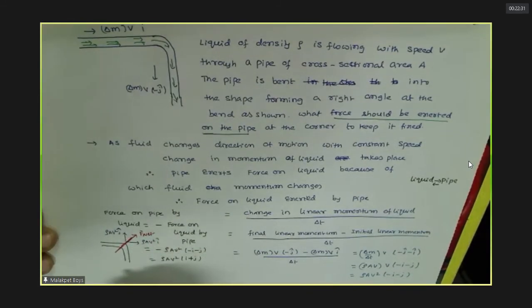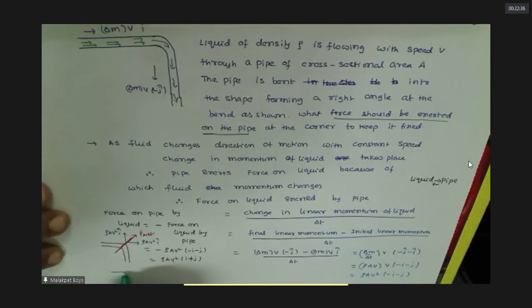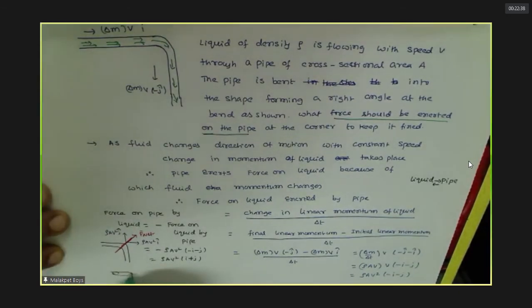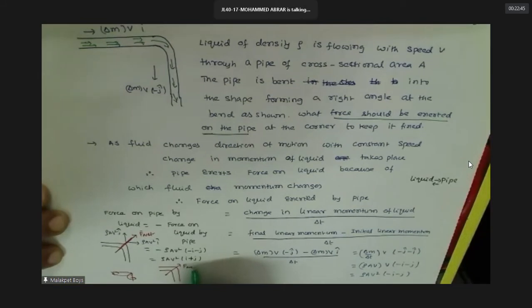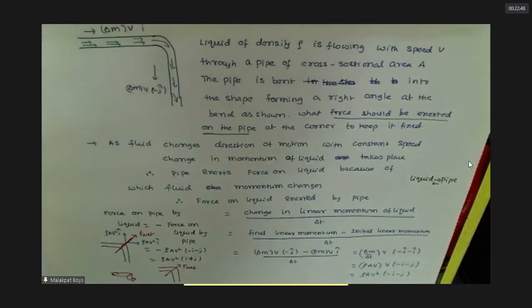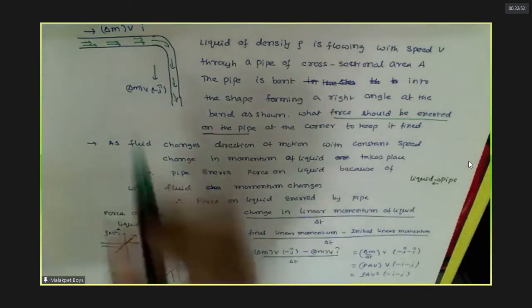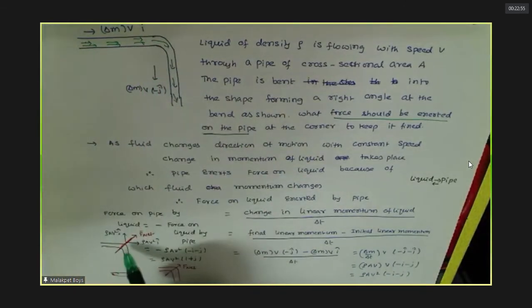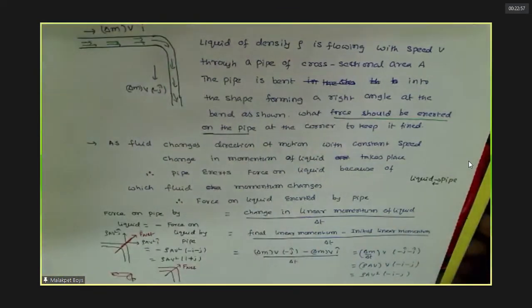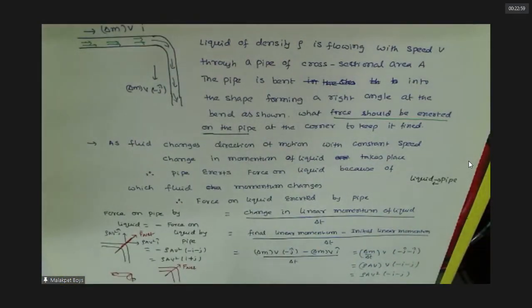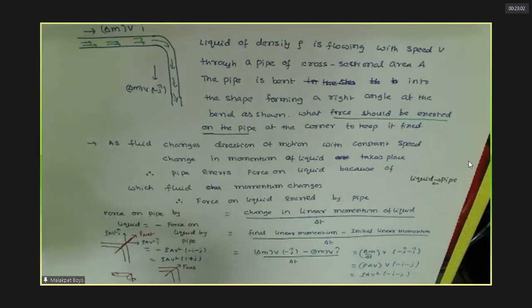Now this force is on the corner only, at the bend. You can see practically in your home, if there is any bent pipe, they keep one clamp. The clamp only exerts that force. Understood what I am saying?